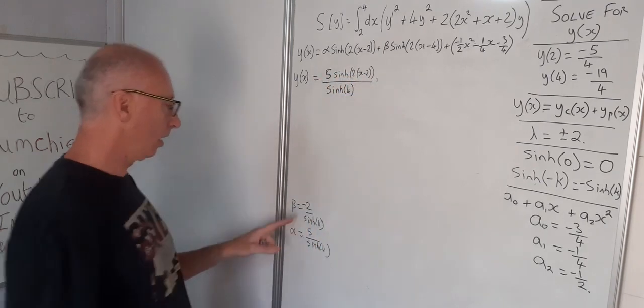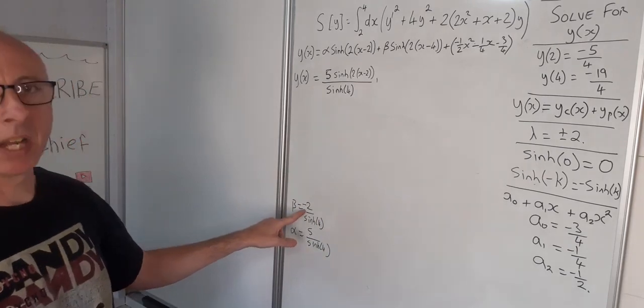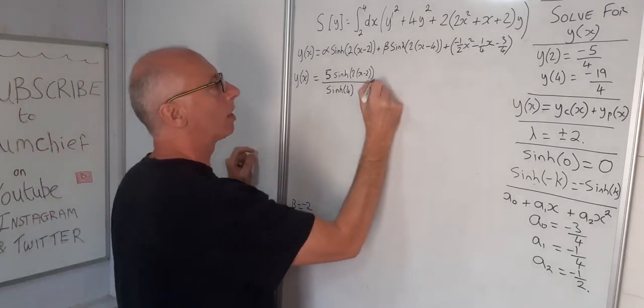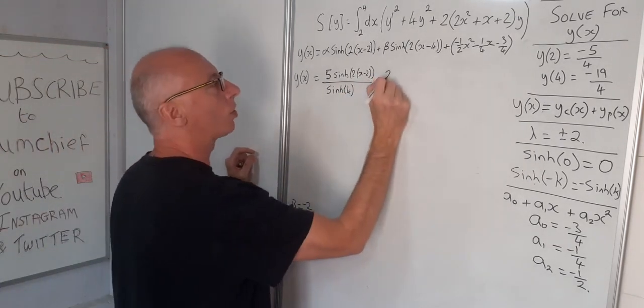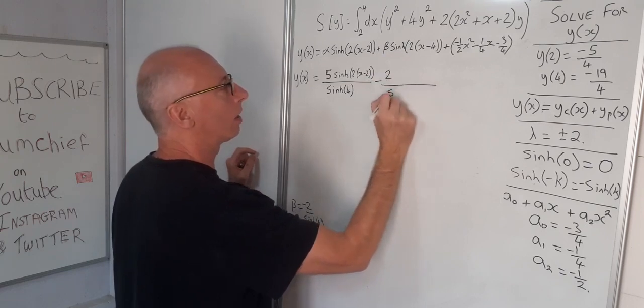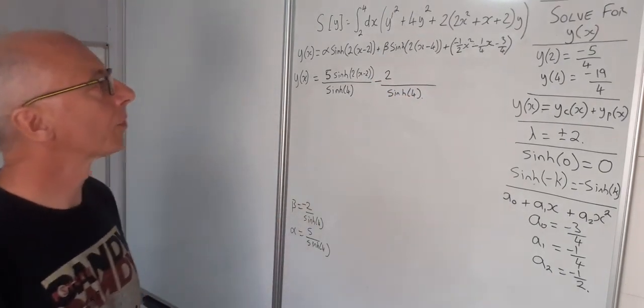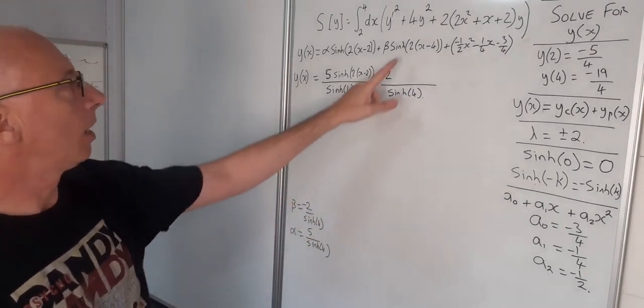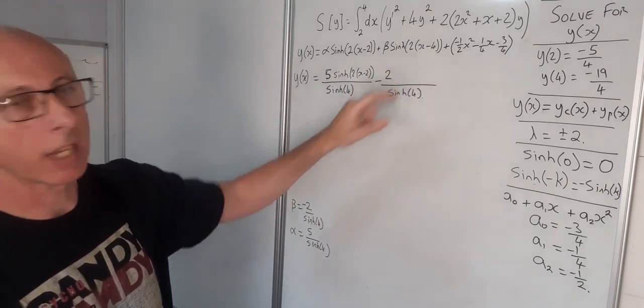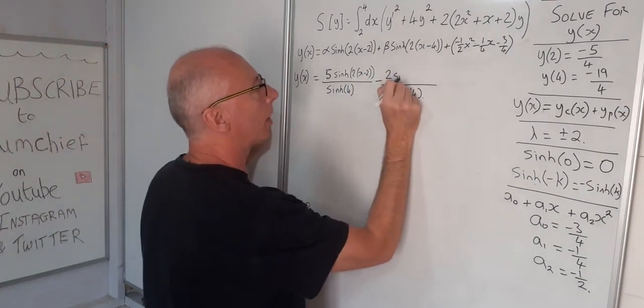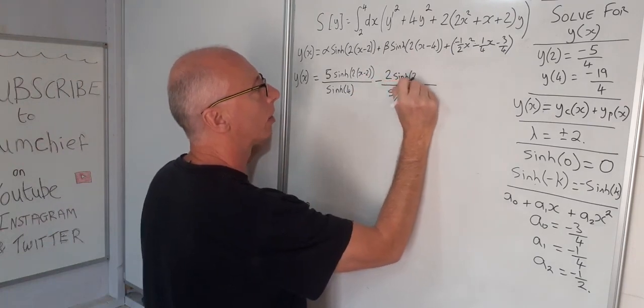And then we're going to add, but I'm going to change that because I've got a minus sign here for my beta. So I've got minus 2 over sinh of 4. And then I've got sinh of 2 times x minus 4 on the top here in our denominator.